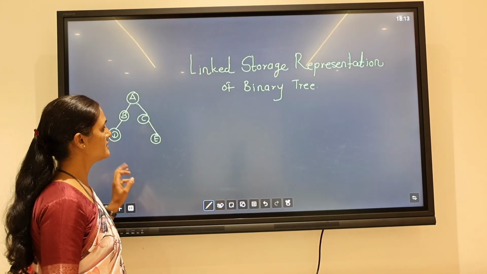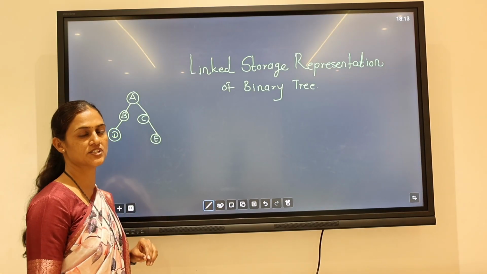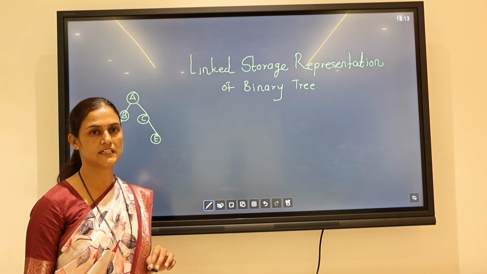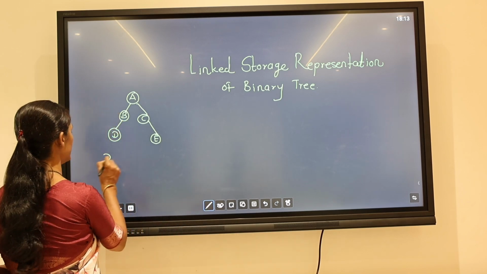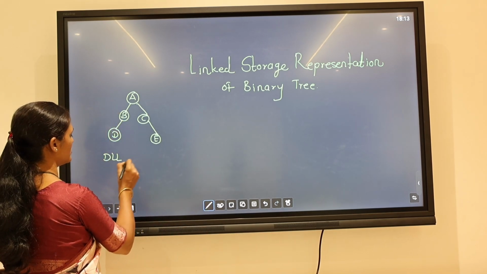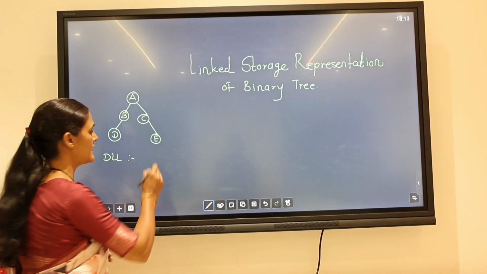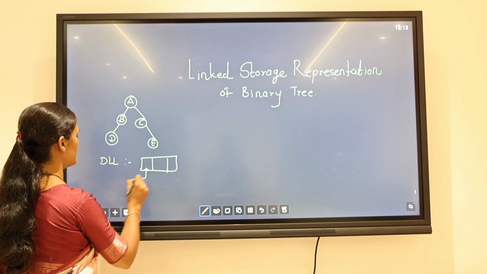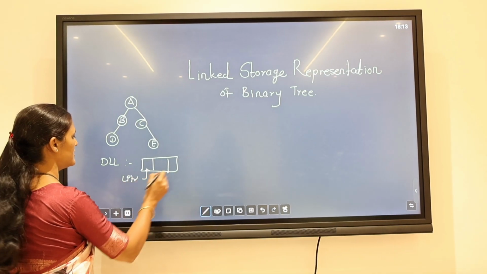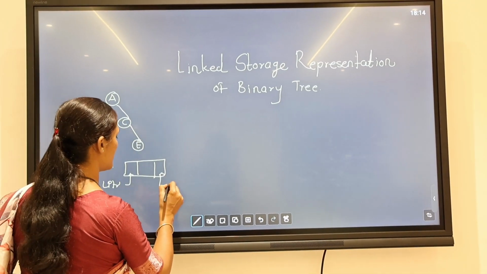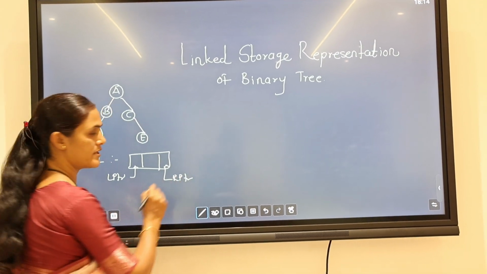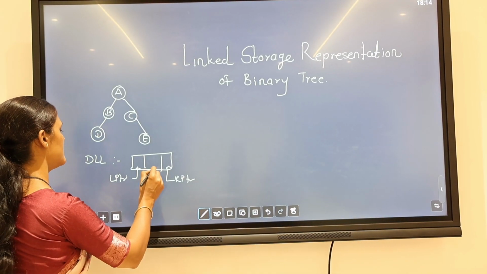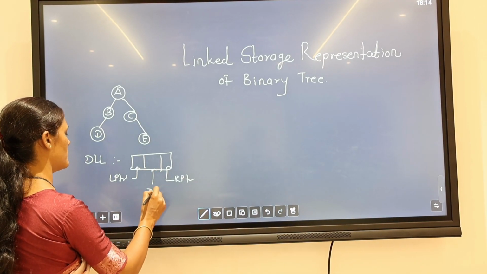So to draw its linked storage representation, we need DLL. DLL means doubly linked list. So each node of the DLL has three parts. The first part is called L pointer, the third part is called R pointer, and the middle part is called info.